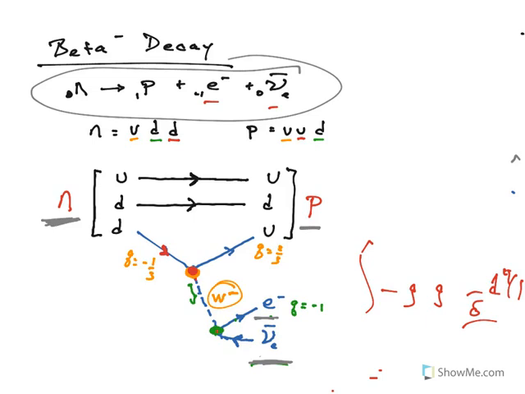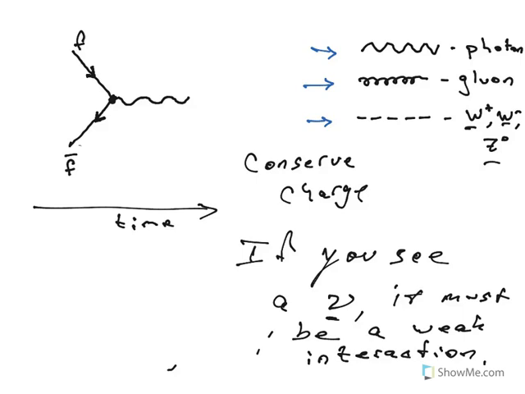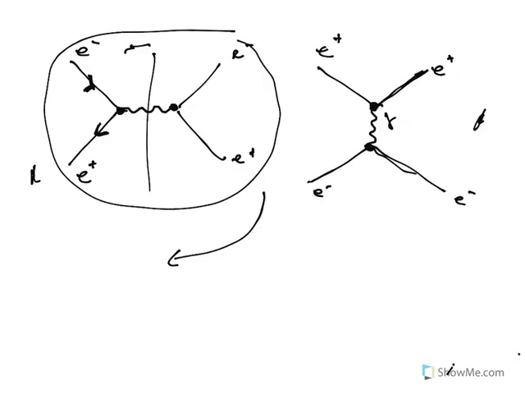But for now, at least, you should be able to look at a Feynman diagram and tell which way the arrows of time should go. You should be able to look and say, okay, I know time goes this way, so this guy, what is this telling me? This is a Coulomb force interaction.